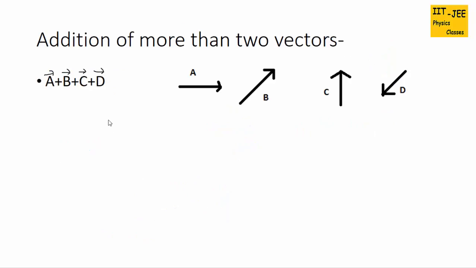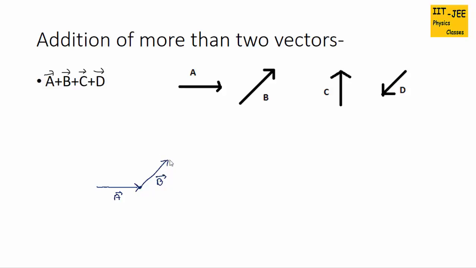Next is addition of more than 2 vectors. Here we are going to add 4 vectors using the head to tail method. Again we will follow the same steps. First draw vector A of the same length and same direction. Now from the head of vector A, we will start the tail of vector B and draw a parallel vector to B of the same length and same direction like this.